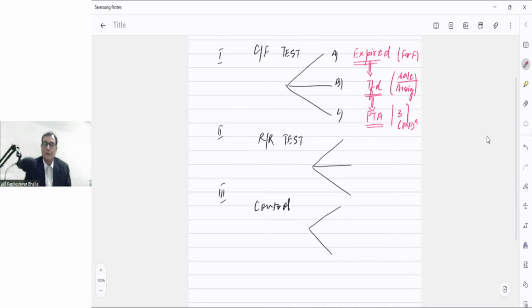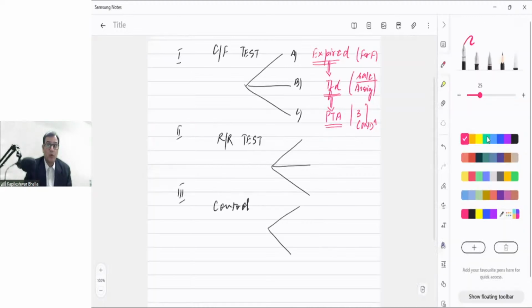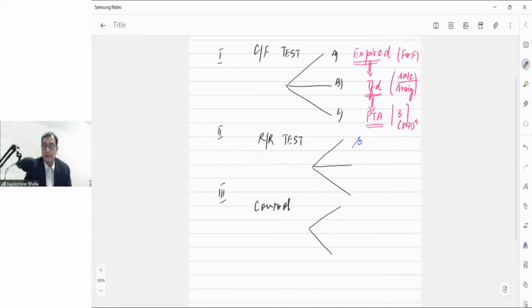And then when you go to the second step, risk and reward, either you say that the risk and reward is being substantially transferred. The word is very clear: substantially transferred. Or you say it is being substantially retained. Or you say it's neither substantially transferred nor substantially retained.